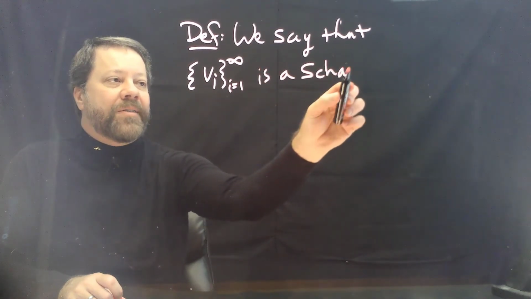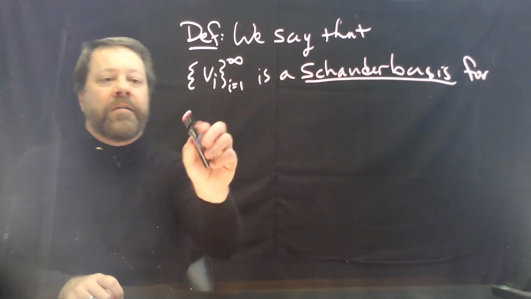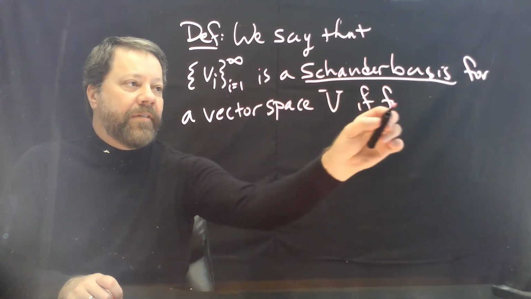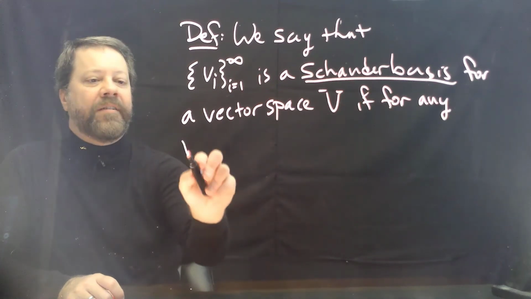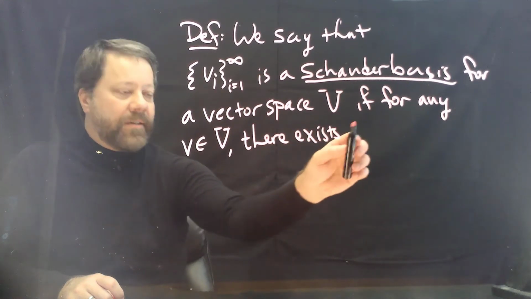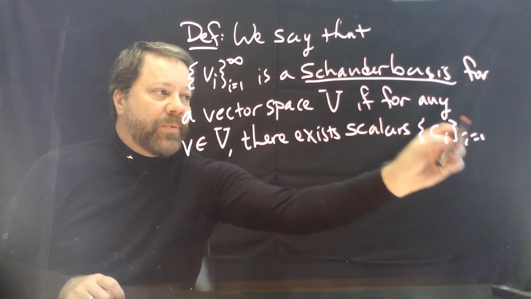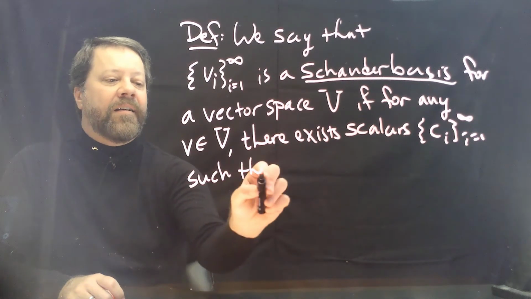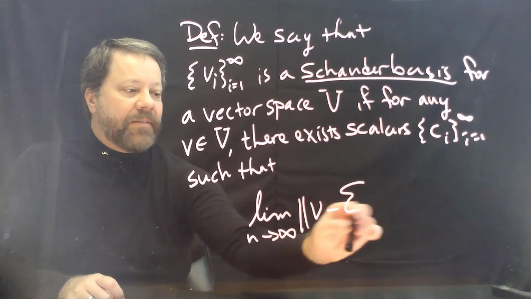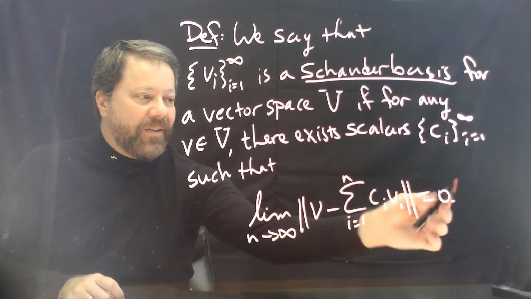We say that this is a Schauder basis for a vector space V if for any vector in the vector space there exist scalars Ci, i equals 1 to infinity, such that the limit as n goes to infinity of the norm of V minus the sum as i goes from 1 to n of Ci Vi gives you 0.